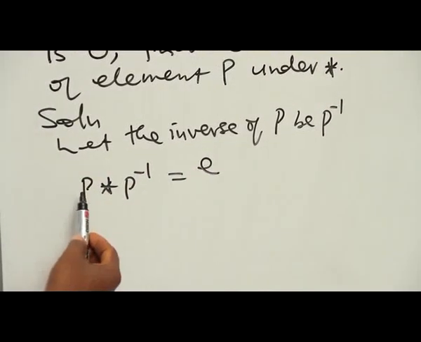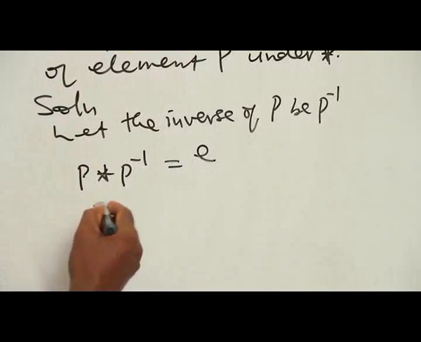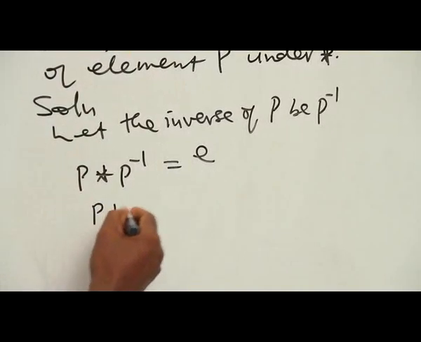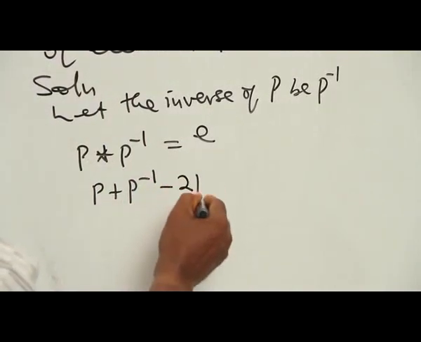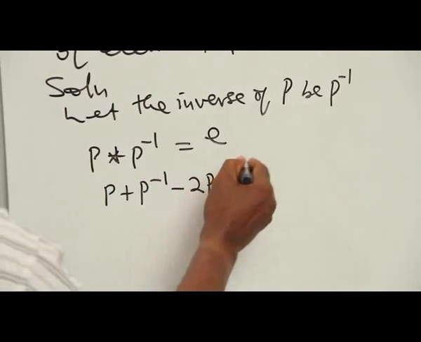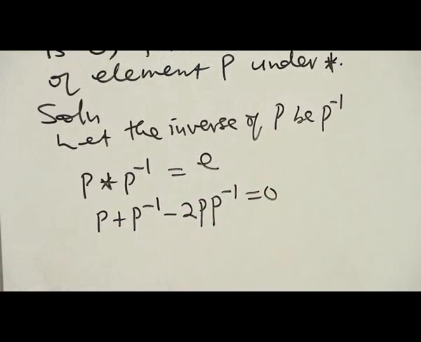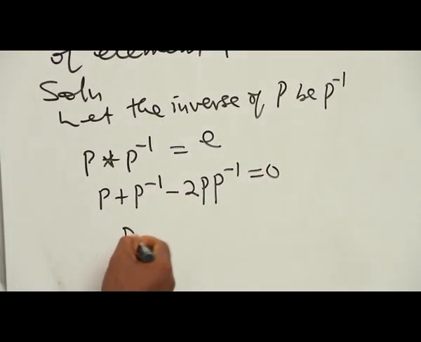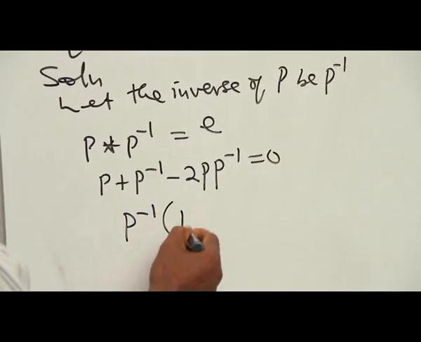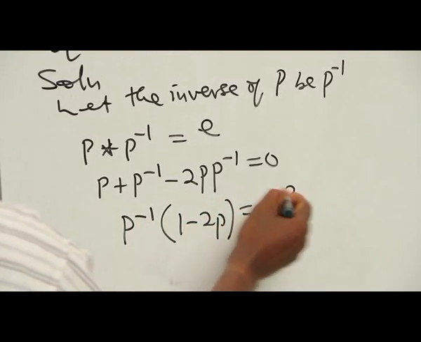Replacing S by P, as you have it there, so that means our P plus the inverse of P minus 2 times P times the inverse of P is equal to 0, because the identity element is equal to 0. Now, this means that our P(1 minus 2P) is equal to minus 8.